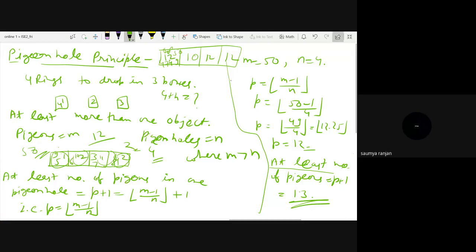Ma'am, at least, so it can be 0 also, like 12 pigeons go to only one hole? Oh, you are taking the least number of pigeons. The whole statement is this: one pigeonhole must contain at least that number of pigeons.